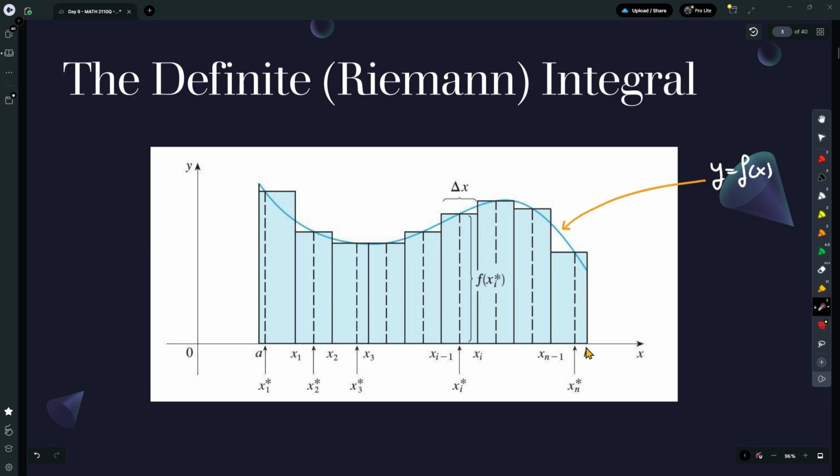First, I divided the interval from a to b into equal subintervals, and then in each subinterval we picked a point, x1 star, x2 star, x3 star, up to xn star, and then evaluated the function, and with that height, we generate rectangles that are close to the graph, but not exactly.